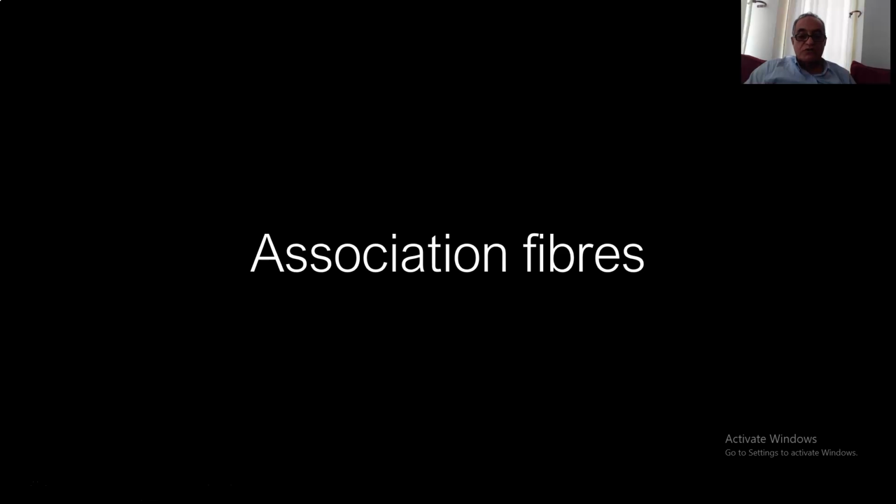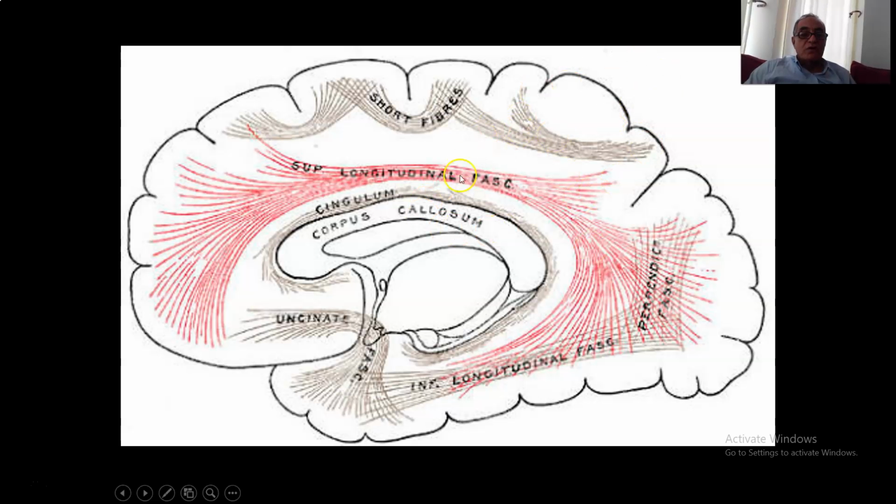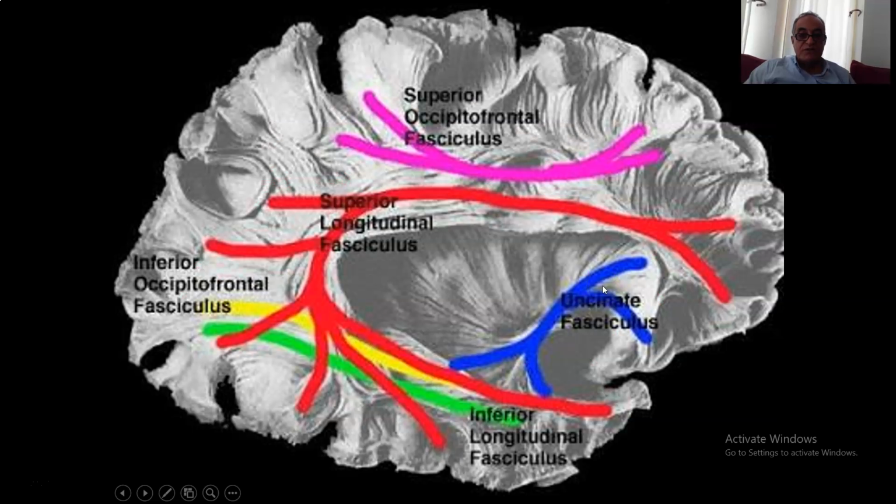Last but not least, if we are going to discuss the brain, we have to know a hint about the association fibers. In one cerebral hemisphere, the different areas of the brain are connected together. One gyrus to the next gyrus, what we call the arcuate fasciculus, and the temporal with the frontal by the uncinate fasciculus, and the frontal with the parietal and occipital by the superior longitudinal fasciculus, and the temporal with the occipital by the inferior longitudinal fasciculus.